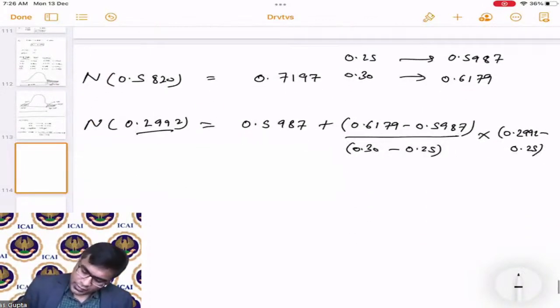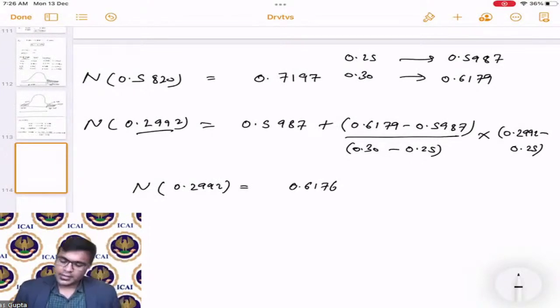So hence N(d2) for 0.2992 comes as 0.6176. So N(d1) and N(d2) are calculated.